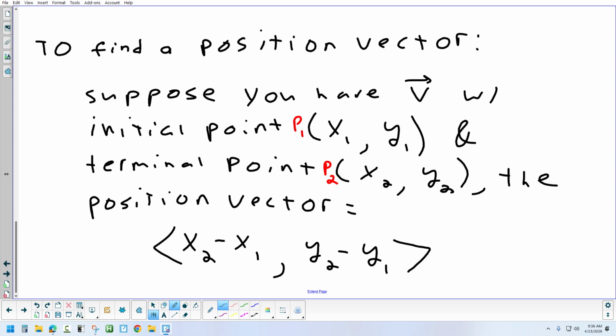And to convert that into a vector from its initial point and terminal point, subtract terminal minus initial for the x's and terminal minus initial for the y's. And that will change it into a vector.